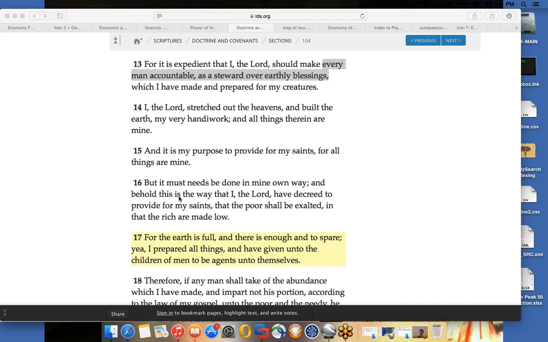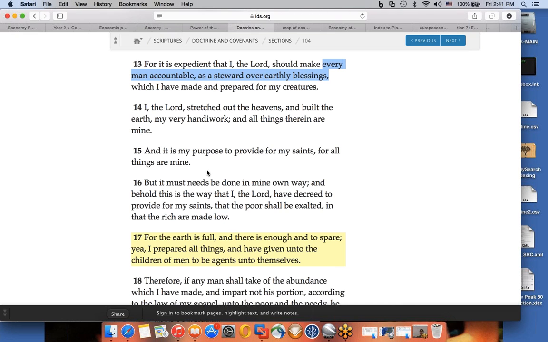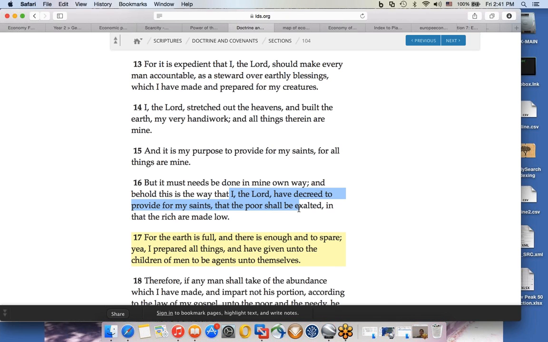And then there's something very, very important also, in the context of this scripture, that we should also share them with the poor and the needy. Okay? So it says, I, the Lord, have decreed to provide for my saints that the poor shall be exalted and the rich are made low.